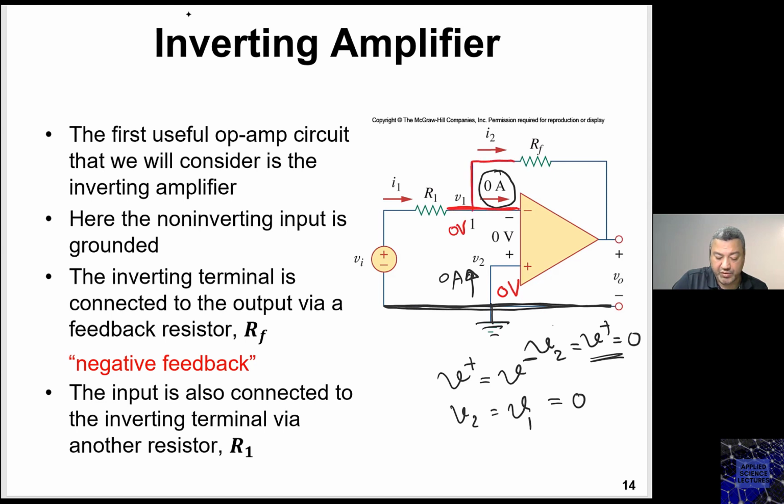So this node is 0 volt. And this one equals this.